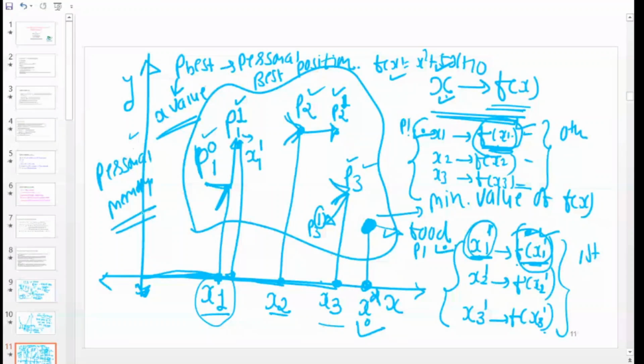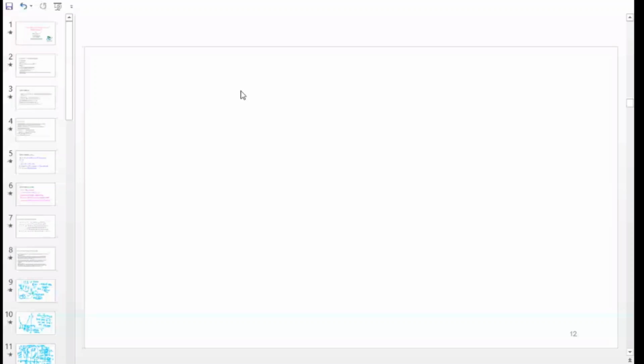It means we are moving towards the best personal memory. This concept is known as the personal memory, or it is also called the personal intelligence. So this is the first concept. Now the second concept is group intelligence, or group memory.